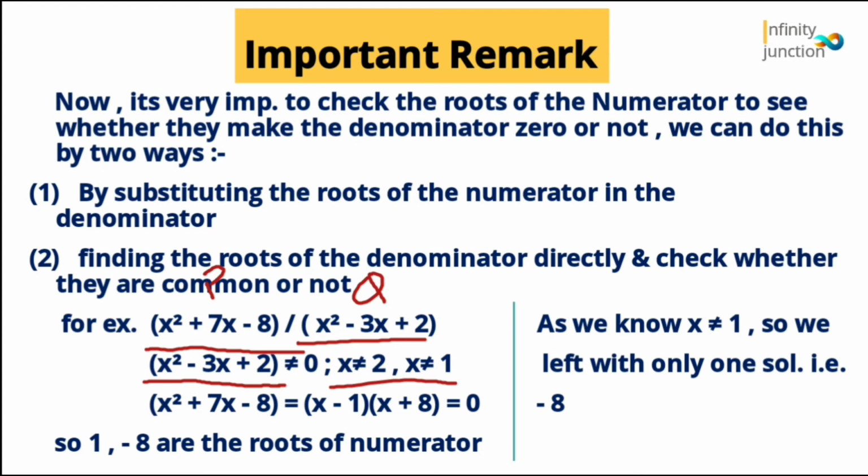If you solve x square plus 7x minus 8, you will get x equal to 1 or x equal to minus 8 as the roots of the numerator. Now see if there is any common root. As we know, x equal to 1 is common in p and q. So it is not a part of the solution, and the only solution left is minus 8. Okay.